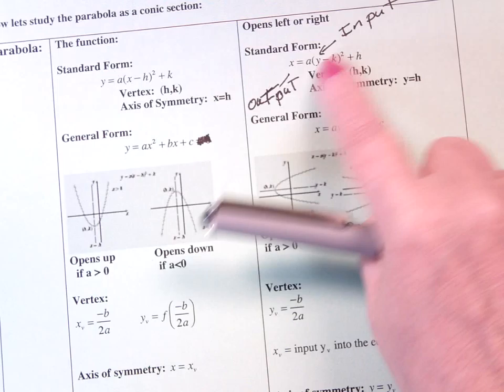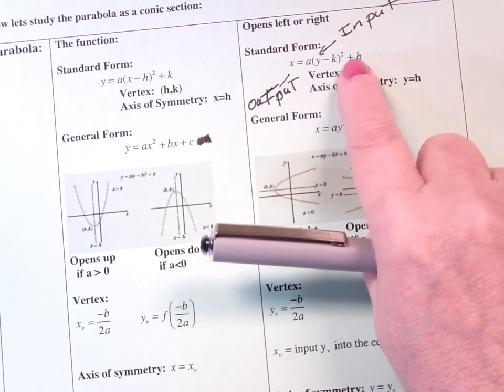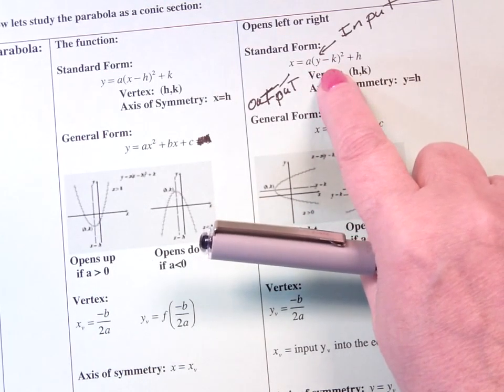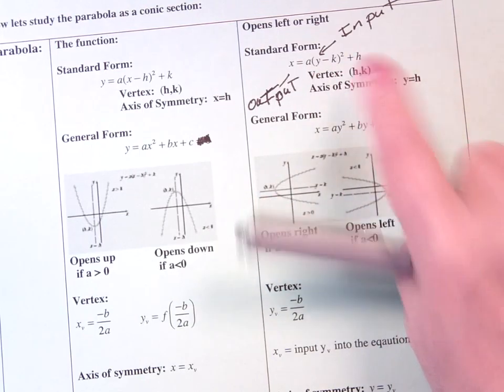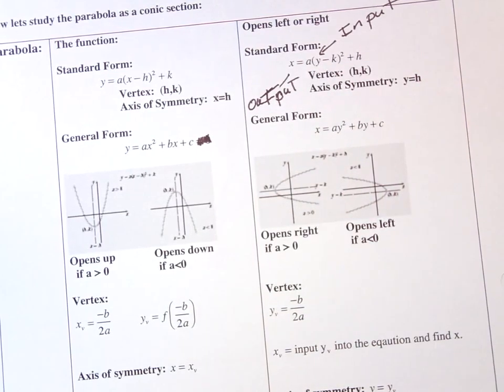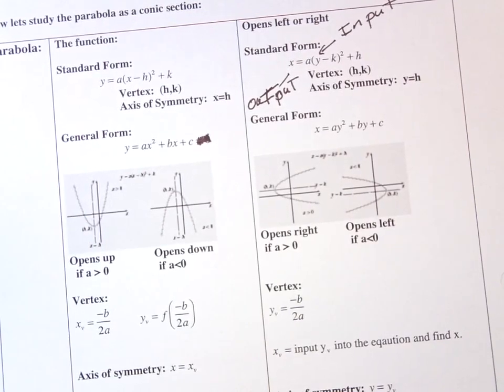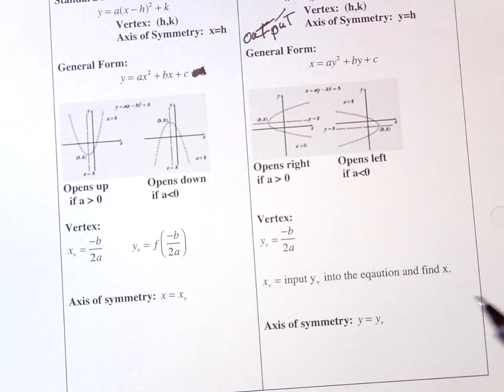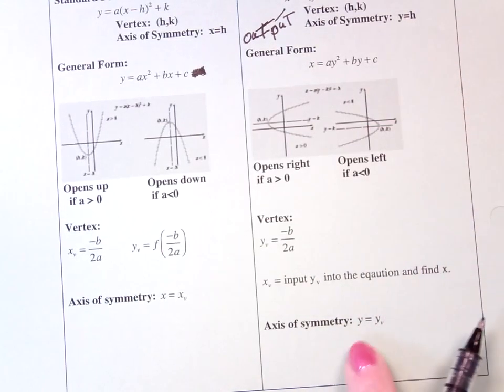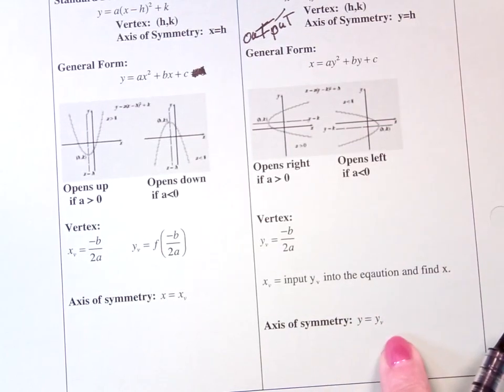Or you can read it off, just like you would here. Only what you're getting is k from the inside and h from the outside. Everything is reversed. So the axis of symmetry is a horizontal line now, so it's y equals the y coordinate of the vertex.